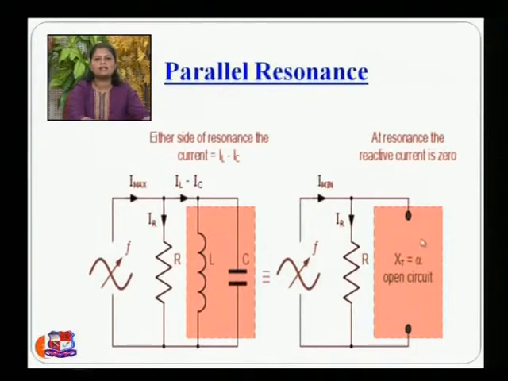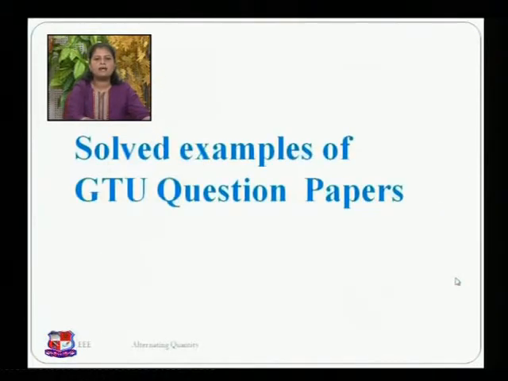So this block indicates the open circuit at the time of parallel resonance. So your equivalent circuit is again a resistive circuit. So whenever parallel resonance occurs, net value of X is equal to 0 and circuit is purely resistive circuit. So this is the equivalent circuit for a parallel resonance.